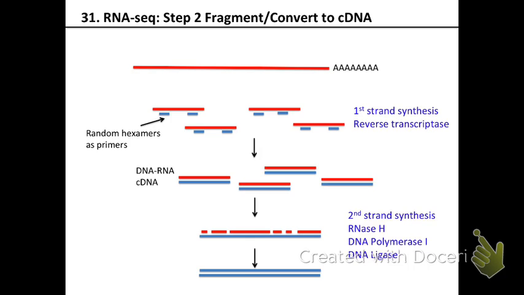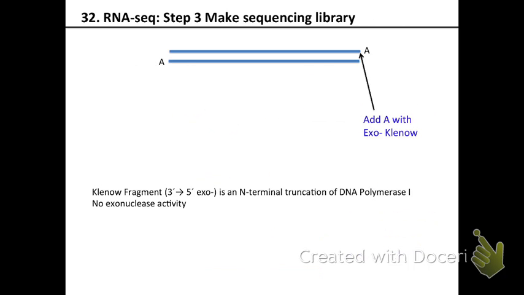All right. Now you have a double-stranded cDNA. What you do is you prepare a sequencing library. We talked about Illumina sequencing libraries, right? In that case, we talked about the first step in which you take your double-stranded DNA and add an A nucleotide to the end of it.